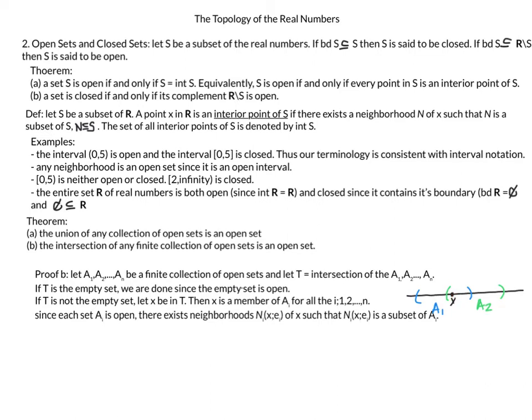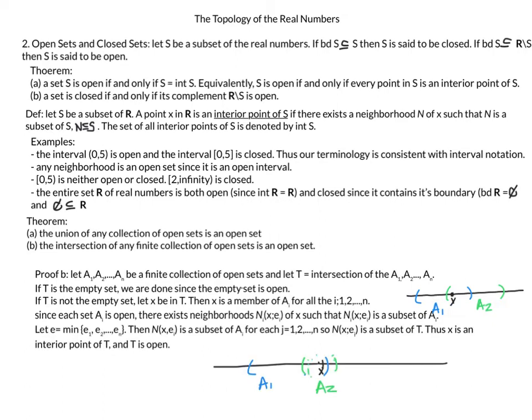Since A2 is open, I'm guaranteed to be able to have a neighborhood that's completely contained in A2. So we will have two neighborhoods with two different radii. A2 will have to be small, while A1 could be a little bit bigger. Now we're going to take our epsilon to be the minimum of all the epsilons of the A sub n.